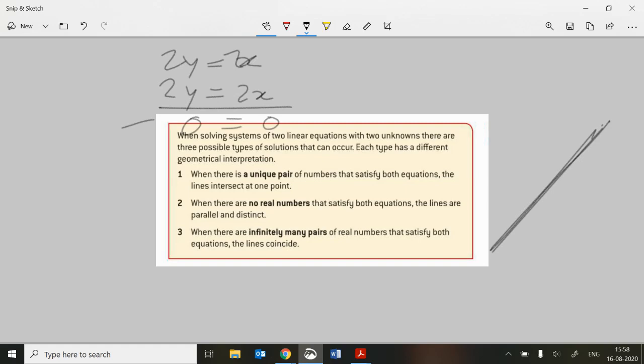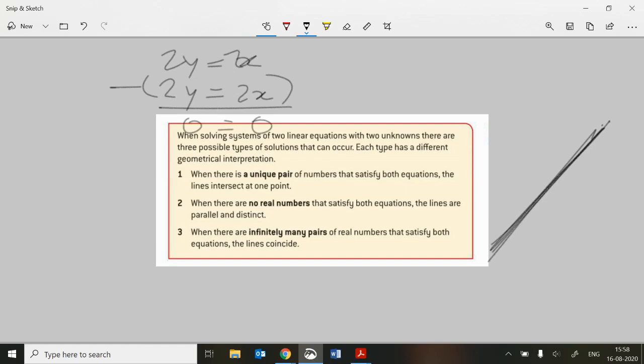As long as you're getting no particular value for x or no particular value for y, and as long as it's still consistent, it's not incorrect to say that 0 is equal to 0 there when we take this away from this, the minus there. As long as that's a consistent situation, it's just not telling us what x or y is. So that's when we've got infinitely many pairs which are going to equal to each other.